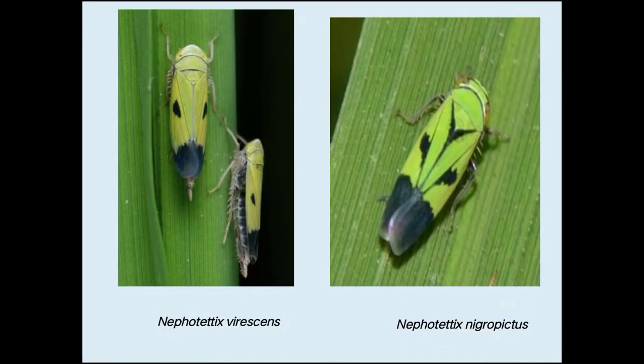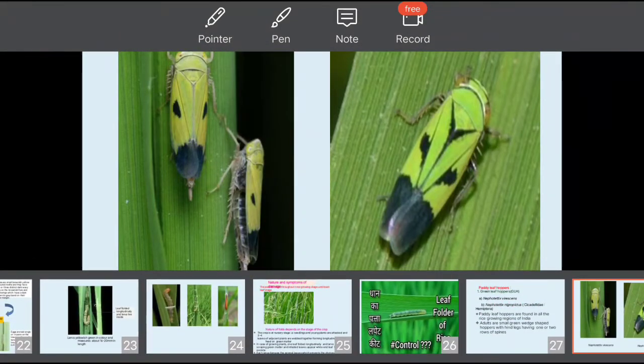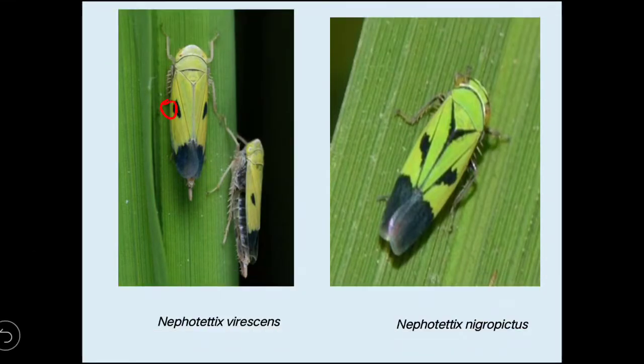These black dots are not extended or joined, they are separated from the apical portion. This is known as virescens.